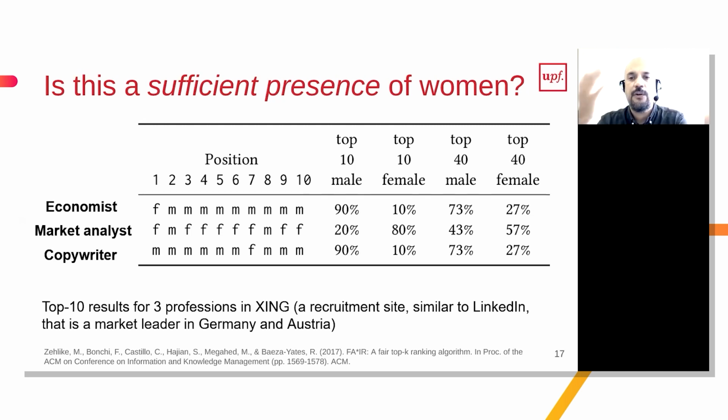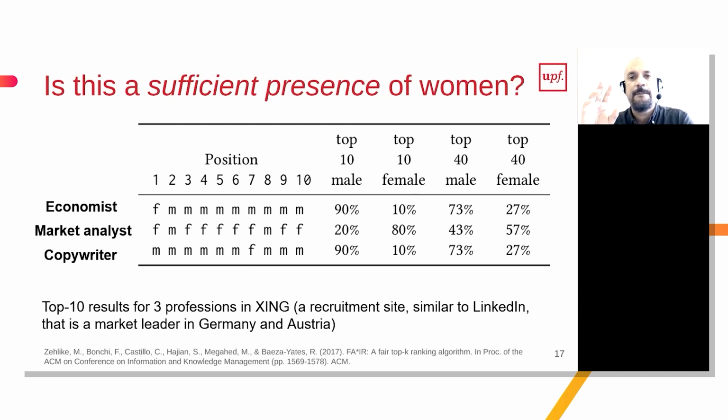So maybe in your collection, women who are economists are the minority, and out of all the economists, only 30% of the profiles are women. But if you look at the top 10 results, this 30% becomes 10%. There is an exaggeration of the imbalance in the top results. So that's the first observation.